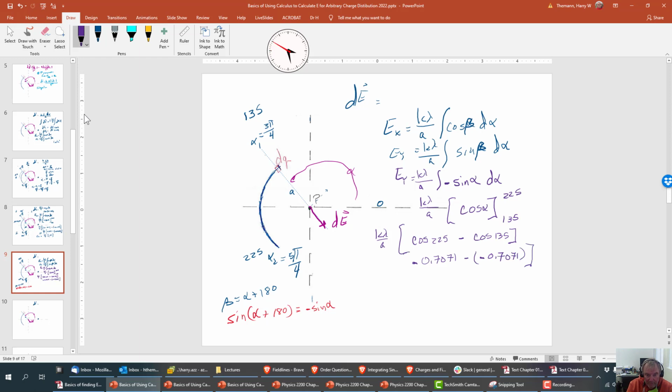But now when we hit the sign there, we see it's equal to 0. So it's kind of unsurprising that E_y equals 0, and the resultant E field is along the x-axis.